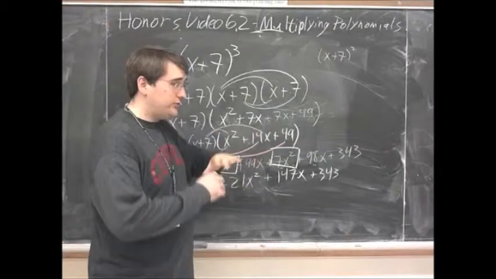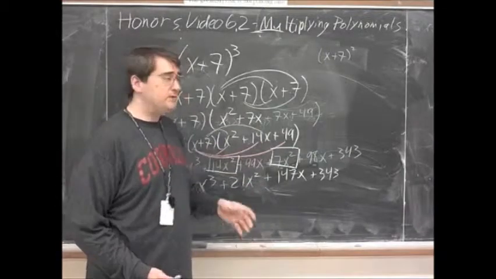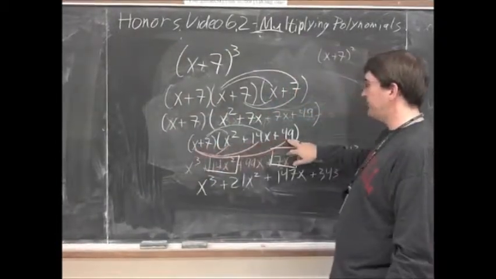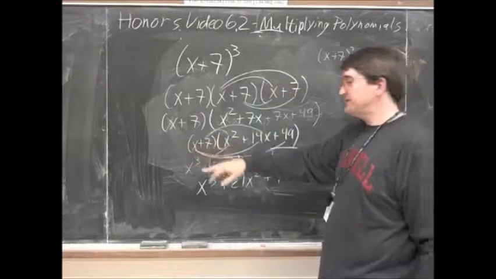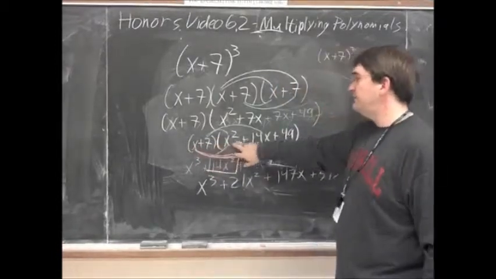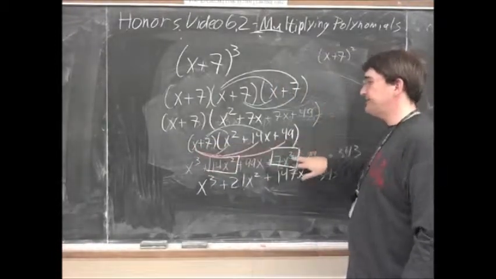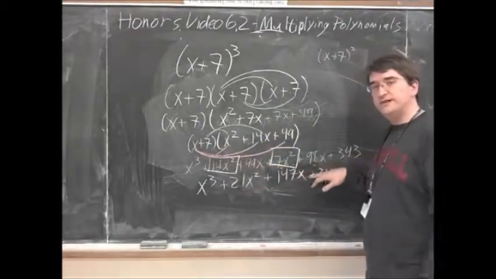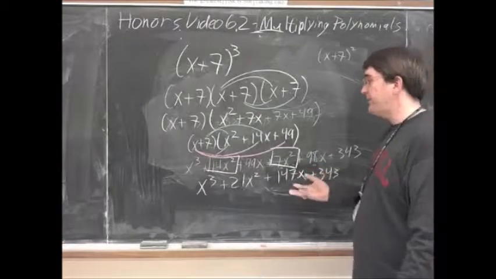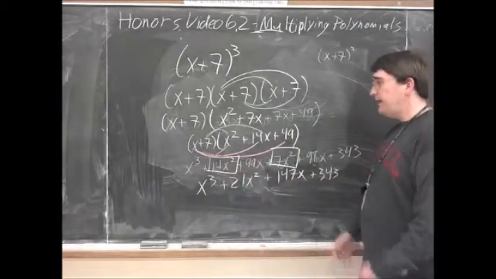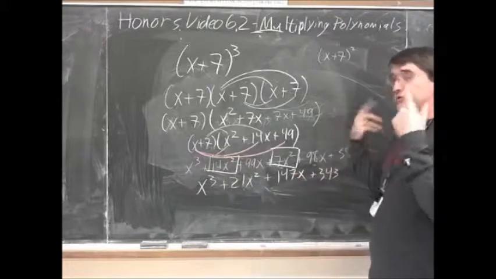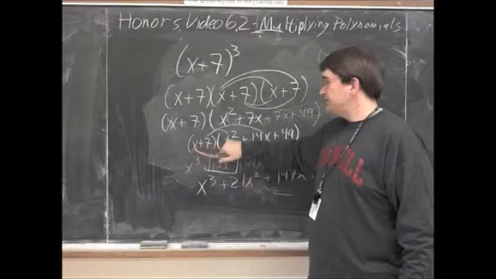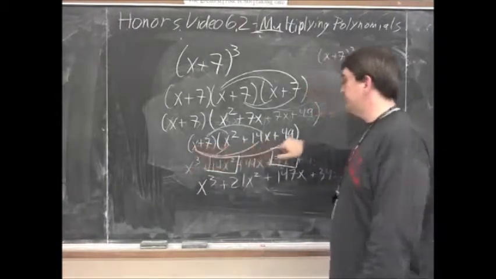So write it out, use space, use extra pages if you need to, and actually write out the x times x squared plus 14x plus 49 step, like we did with the previous example, and then the 7 times x squared plus 14x plus 49 step, to write those out separately before you distribute, if it's easier to see how that works while you're working through it. But once you get to a certain point, you can just start doing that in your head, kind of like we did here. I'm going to take x, I'll do x times x squared, x times 14x, x times 49 to get that.